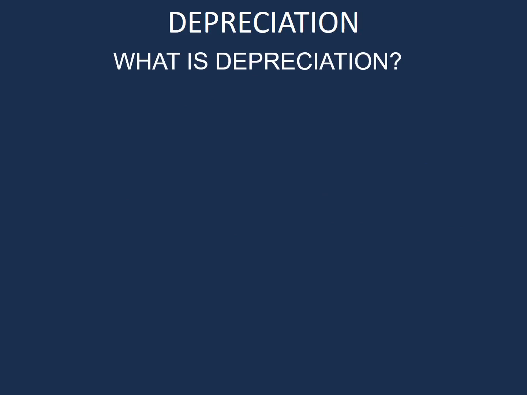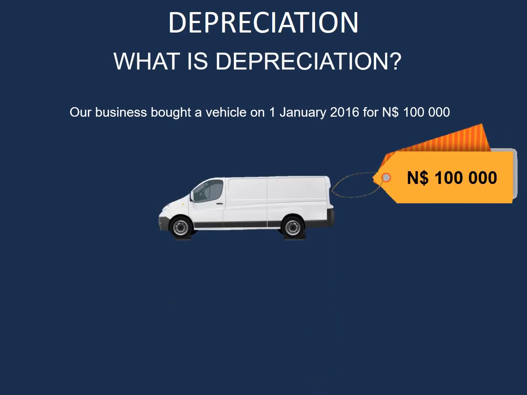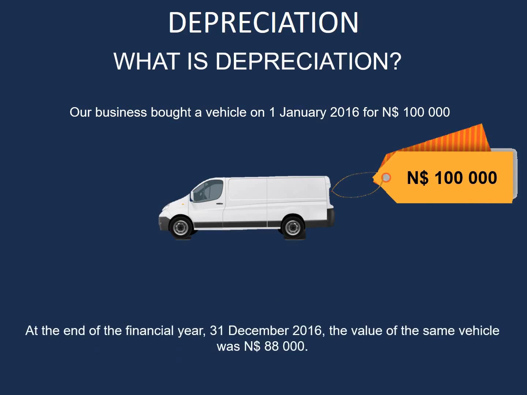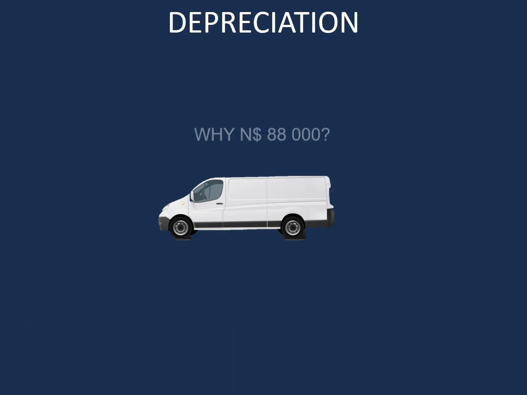Now, what is depreciation? Our business bought a vehicle on 1 January 2016 for 100,000 Namibian dollars. But at the end of the financial year, that is 31 December 2016, the value of the same vehicle was 88,000 Namibian dollars. Now you might ask, why is the value of the same vehicle 88,000?